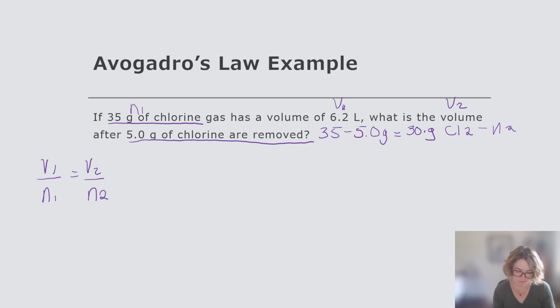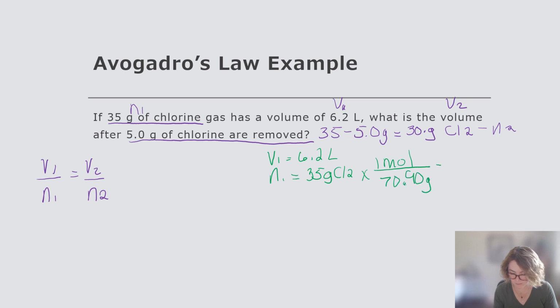Let's go ahead and list all my variables out. V1 is 6.2 liters. N1, I have 35 grams of chlorine gas, and I'm going to convert that to moles. So that is going to be 1 mole over 70.90 grams, which gives me 0.49 moles of chlorine gas.